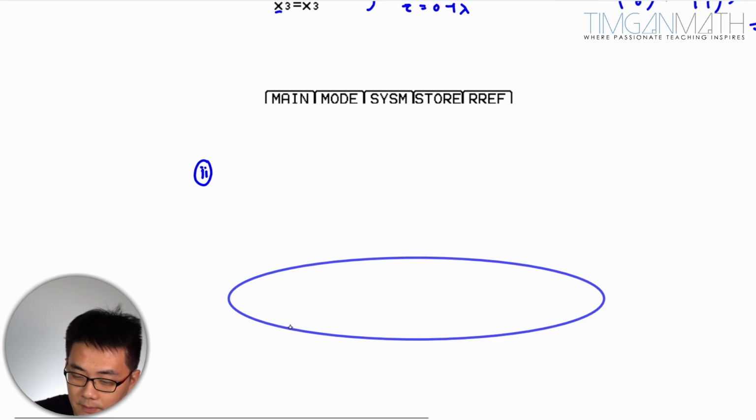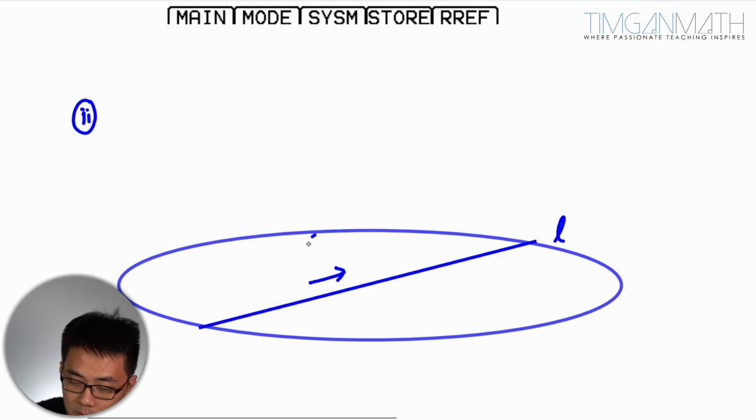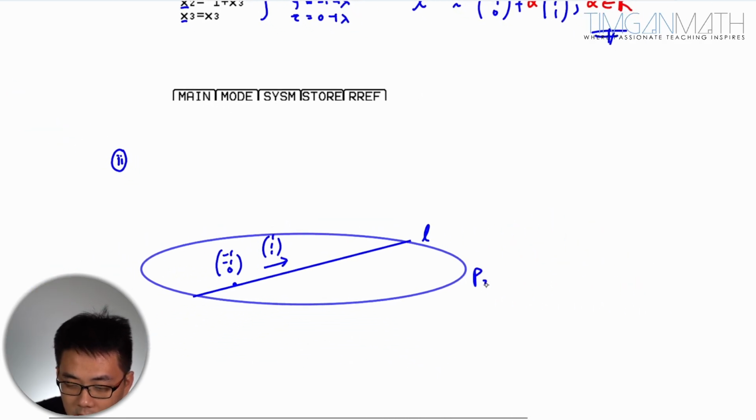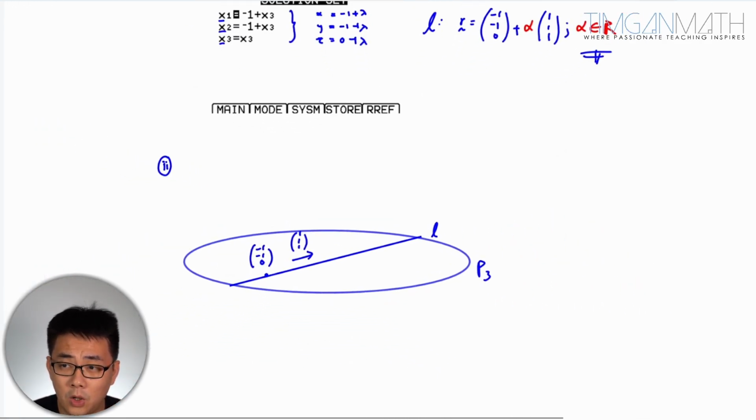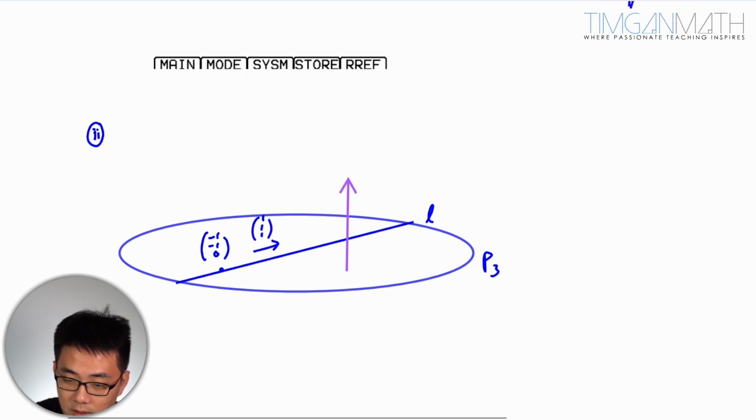This is L here. I know that the direction of L is given by 1, 1, 1, and the point here is negative 1, negative 1, 0. Then this is plane 3. Now plane 3 contains L. This is the normal here.